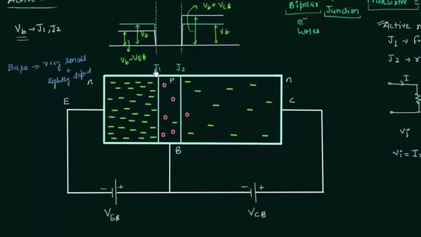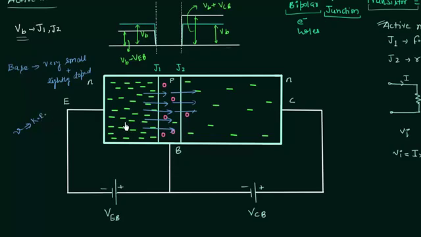Barrier potential at junction J1 is reduced, so electrons from the emitter will cross over the junction, and a very small amount of electrons from the emitter will recombine in the base because the base is very thin and lightly doped. So most of the electrons will cross the junction J2 because they have high velocity, and this implies they have high kinetic energy.